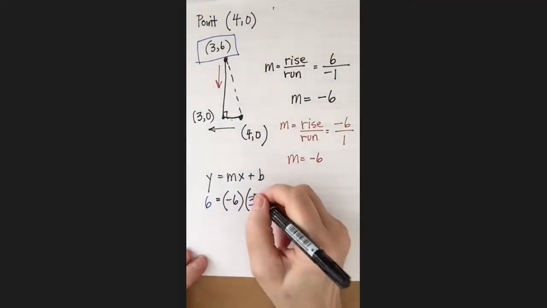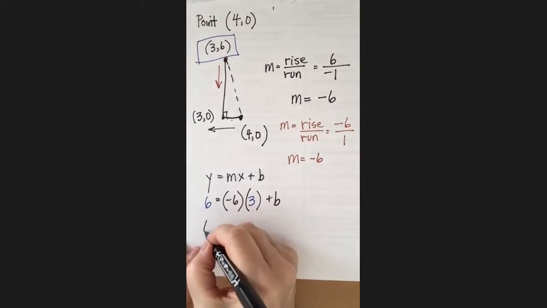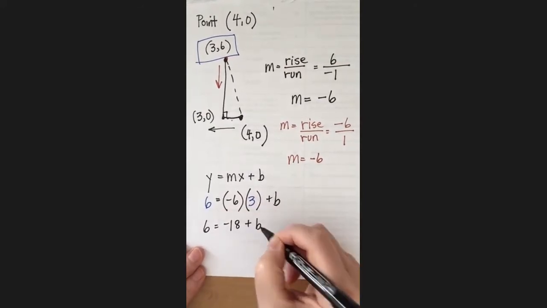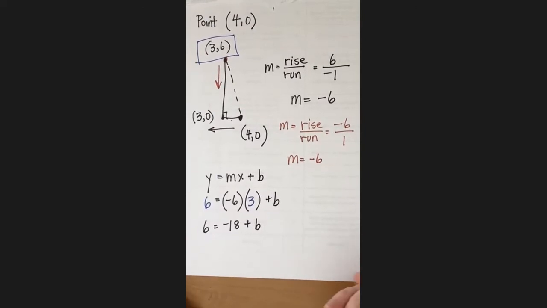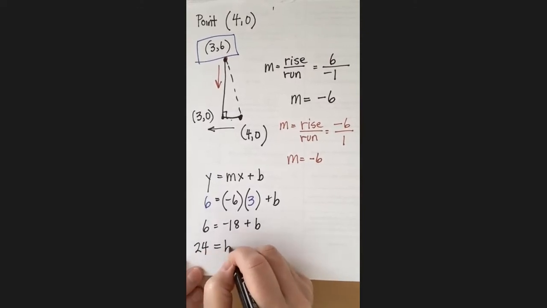And then we have plus b. We have an equation with one unknown, so we can solve. 6 equals -18 plus b. So we add 18 to both sides and we get 24 equals b.